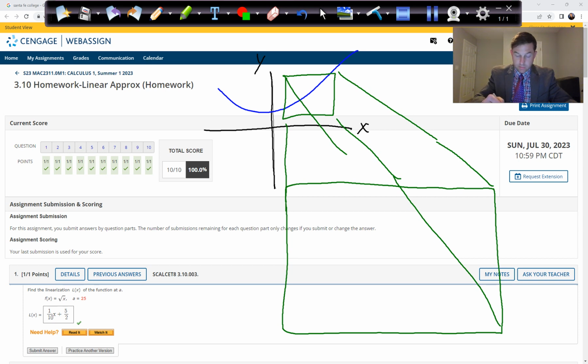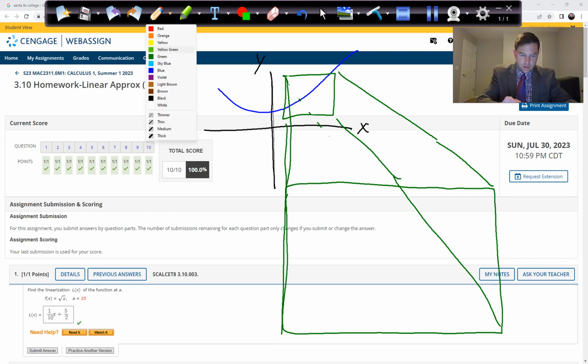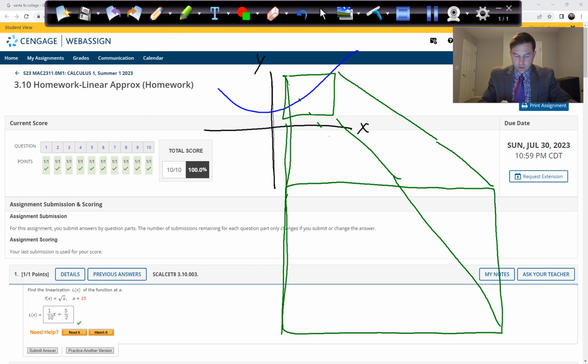This one's going to map to here, and this one's going to map to here, actually. Okay, then inside this window, this curve is going to look like this.